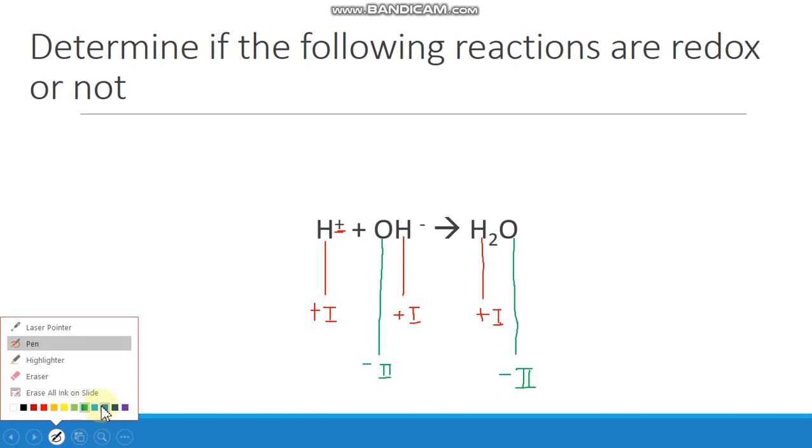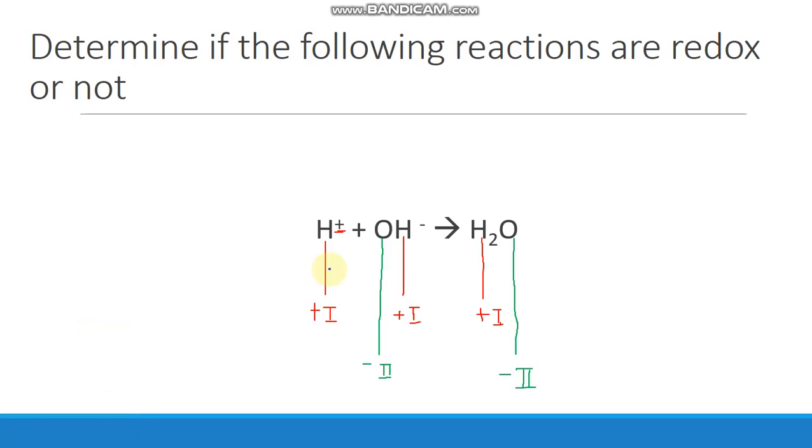So let's follow the H. We said we have to follow the H in all forms, from the reactants to the products. I'm going to draw a horizontal line to follow it. It's +1, +1, and +1.